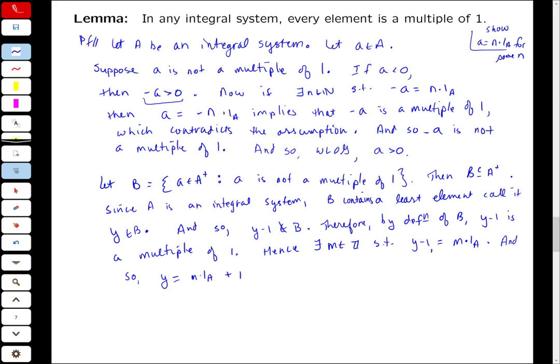Now this is also, of course, our 1 sub A that we subtracted. So what does that equal? It's M plus 1 times 1 sub A, right? What is that saying about Y? Y is a multiple of 1 then, right?